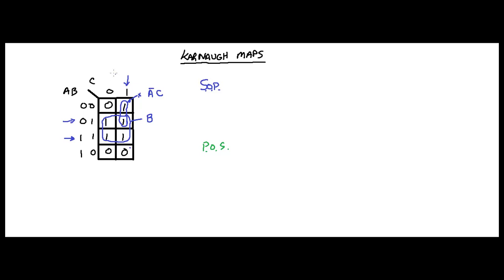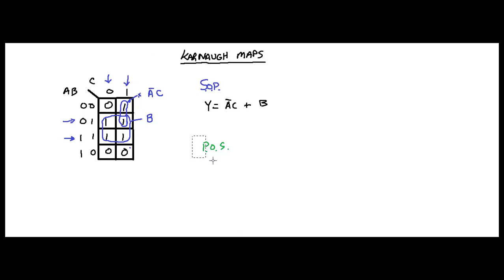And if you look on the top, you can see that that group encompasses 2 columns, and C changes, right? So you discard C. So really that's your resultant right there. So if we're going to write it, Y is going to be equal to A bar C or B. Got it?